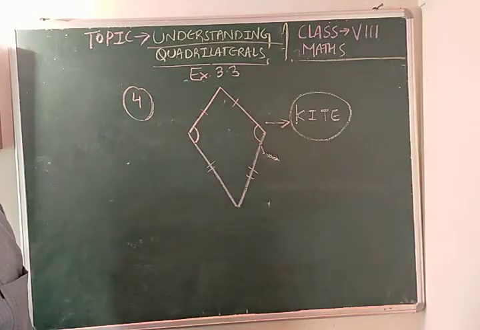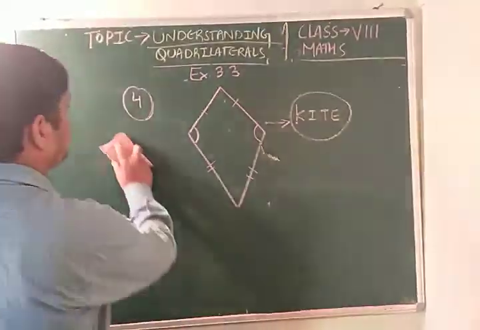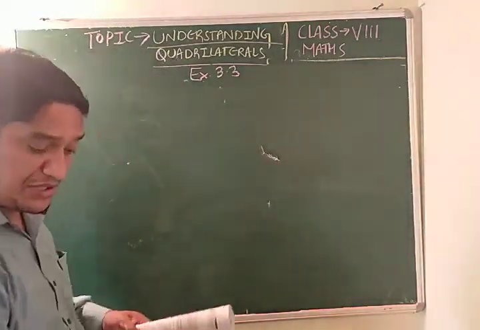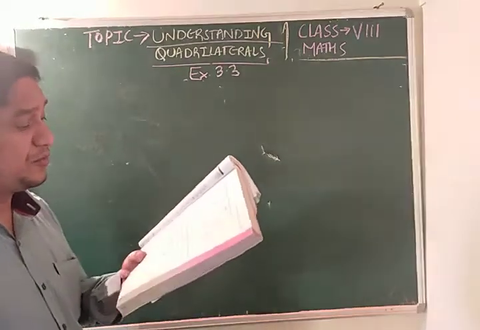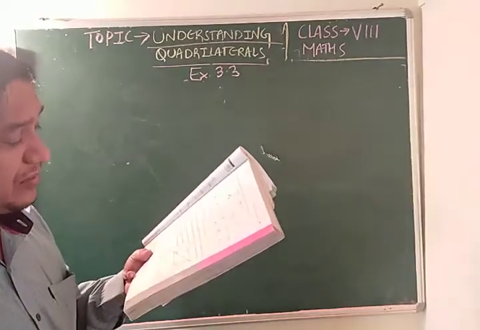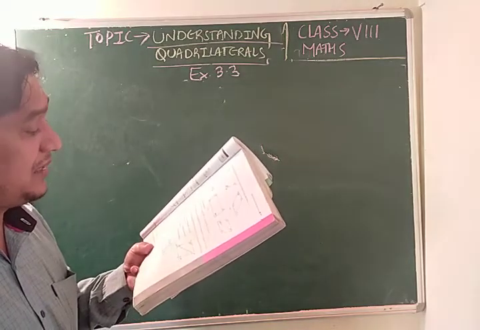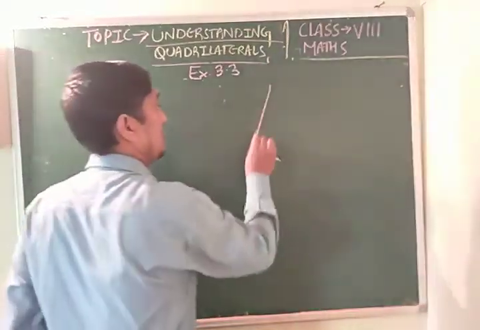Now comes question number 5. In question number 5, what we have, listen. He says the measures of two adjacent angles of a parallelogram are in the ratio 3:2. Find the measure of each of the angles of the parallelogram.